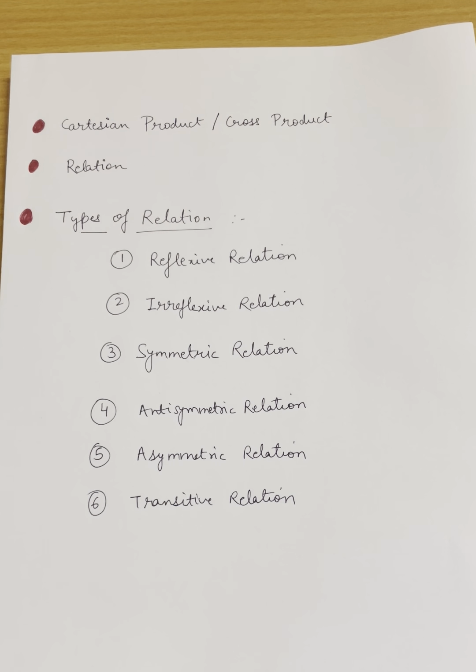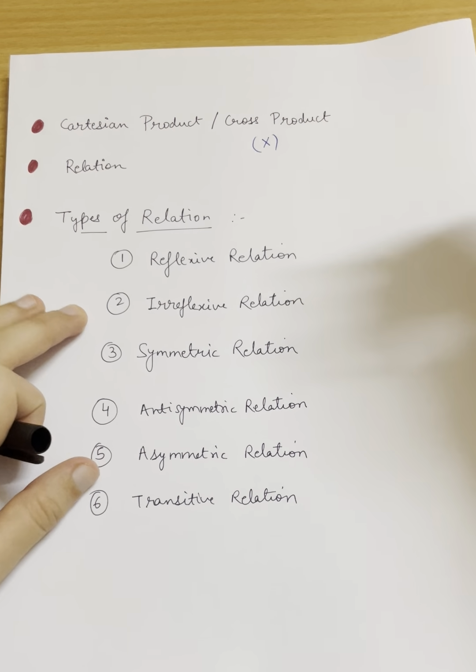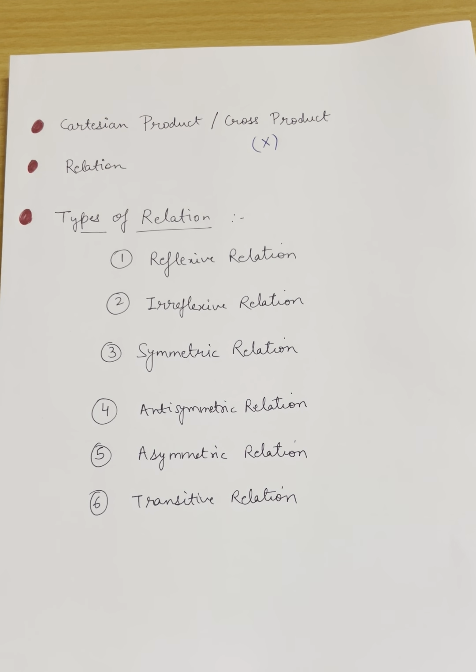Okay, so for this we need to take one example. With this name, cross product, one thing is that the representation between two sets is the symbol cross.